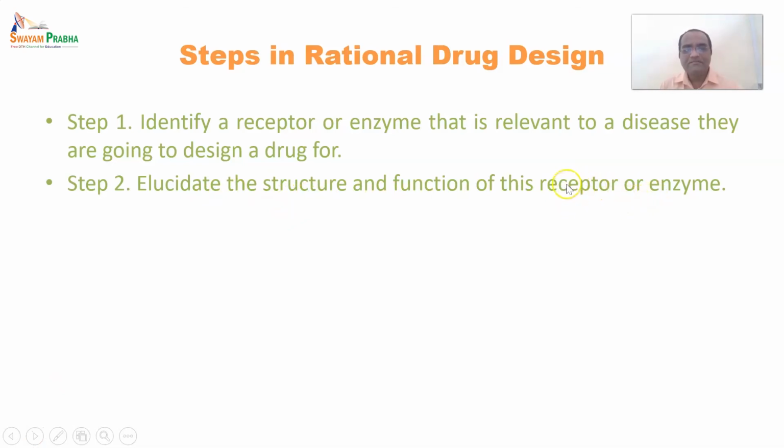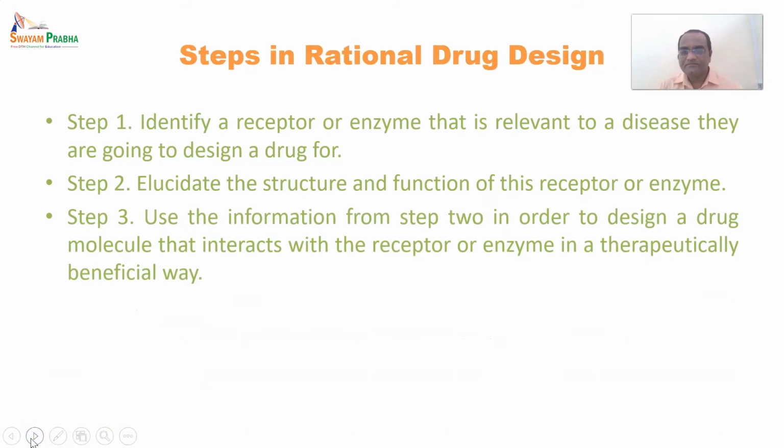This is done by spectroscopic techniques such as NMR. Once the structure has been identified, one can understand the interaction of a drug at an active site. The third and last step is to use the information from step 2 to design a drug molecule that interacts with the receptor or enzyme in a therapeutically beneficial way. These are the 3 steps utilized in rational drug design.